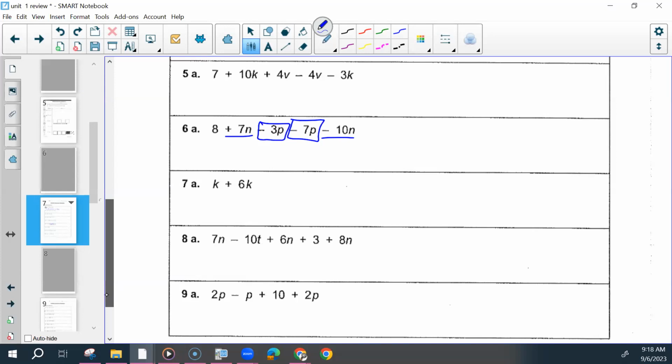Then the p, then the 8 at the end. And when we combine them, we would get what? -3n. The p's, when we combine them, we would get... p, bring down the p. Other questions on this page?